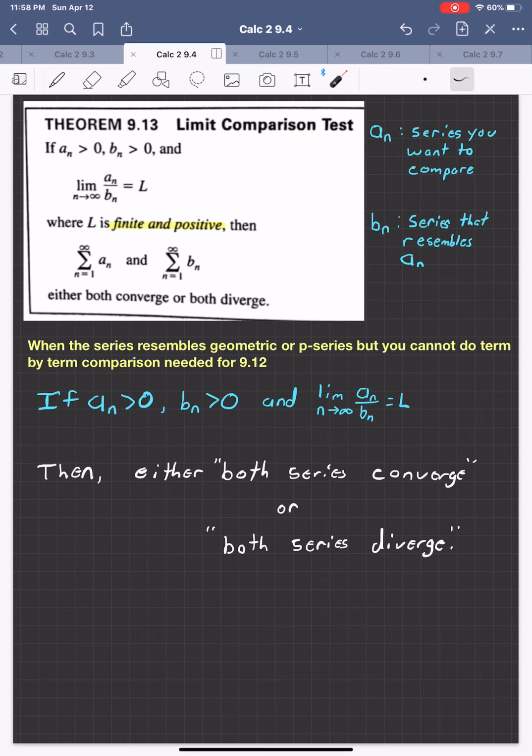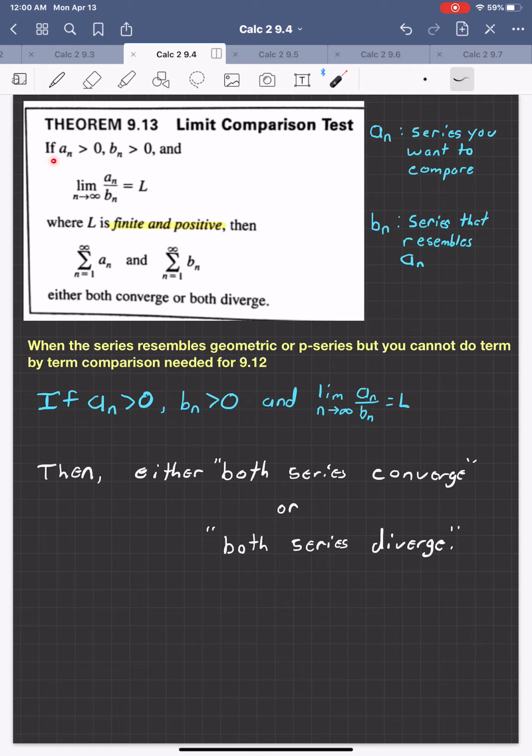In addition, so three things: the given series has to be greater than 0, what we compare it to has to be greater than 0, and the limit as n goes to infinity of the quotient of those two has to equal L. Now, wait a minute, what are the stipulations for L? Well, first off, L has to be finite. That makes sense. And it has to be a positive number. Okay, so stay with me.